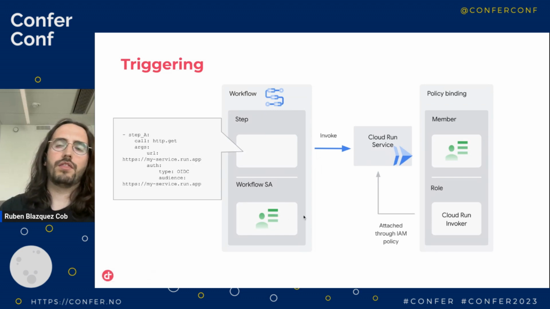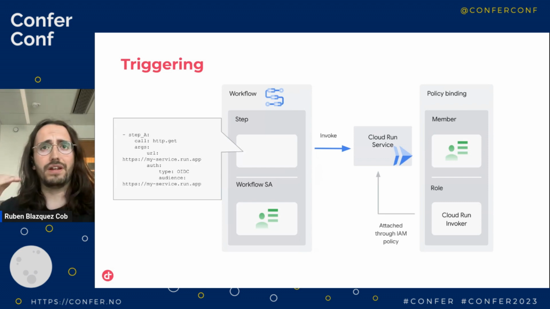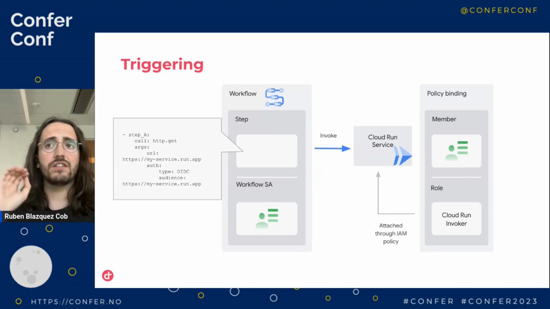And then that is attached to a Google Cloud service account, and that will make you be able to invoke different services like Cloud Run and already be authenticated without you having to put in a bunch of code on how to authenticate yourself, how to be allowed to do certain things.